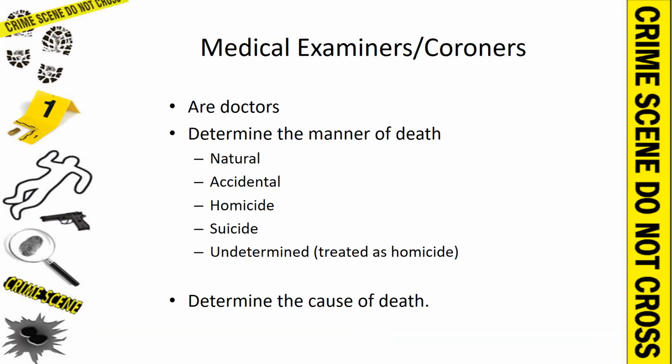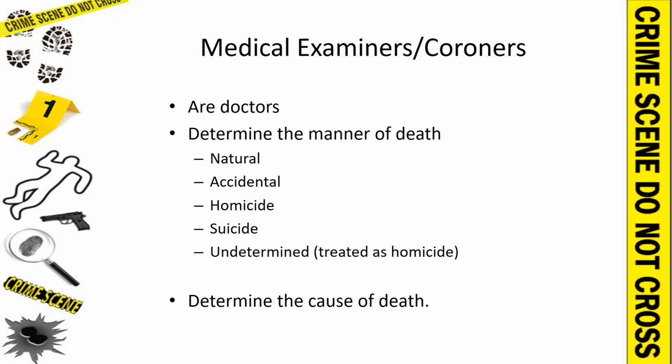If somebody has died, a medical examiner or a coroner is going to come out. These are actual medical doctors, and no one else will mess with the body until the medical examiner has arrived. At that point, the medical examiner is going to declare, yes, the person is dead. They'll do a preliminary analysis of the scene, take some temperatures, and bag the body based on the situation.